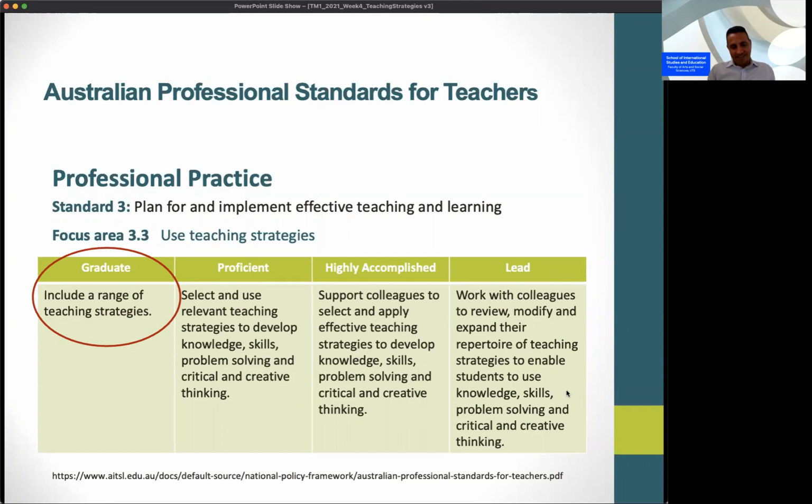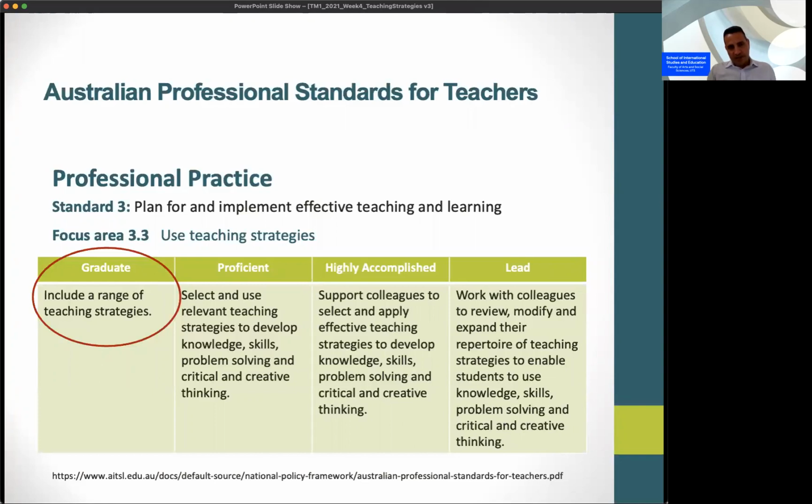In this presentation, we'll try and briefly give a description of one or two strategies. But what we will focus on more are some critical aspects to consider in relation to your teaching strategies. Obviously, the students will discuss and engage with specific strategies in their respective method subjects.